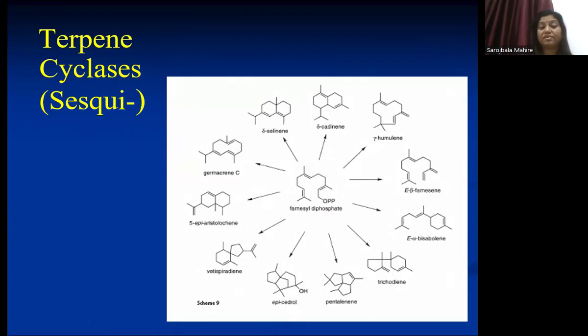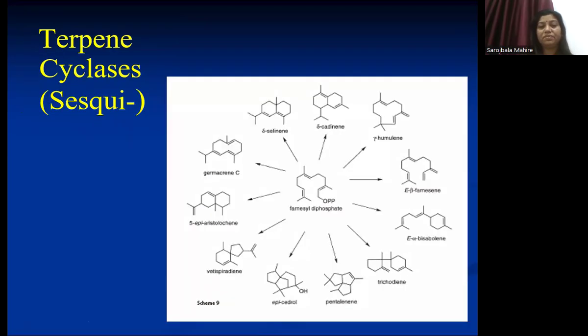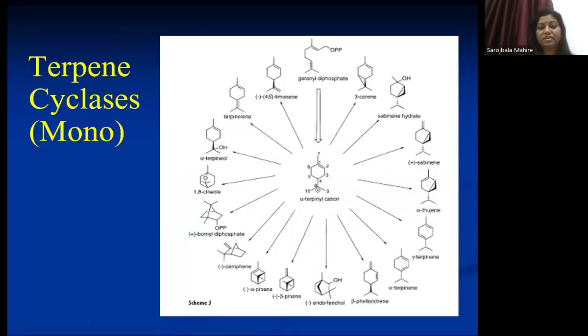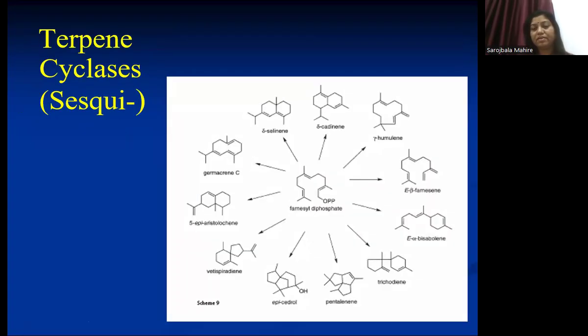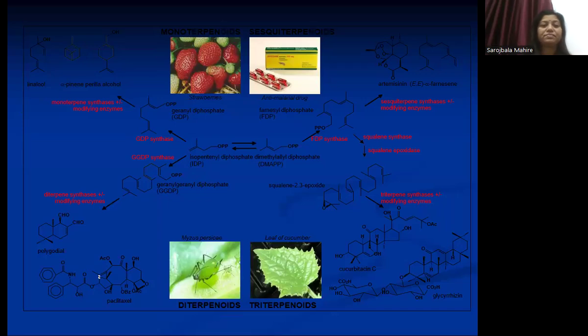So you can see here the synthesis of monoterpenes from geranyl diphosphate. This is from farnesyl diphosphate. This is the triterpene, and the diterpene from the geranylgeranyl diphosphates. So examples are given here.